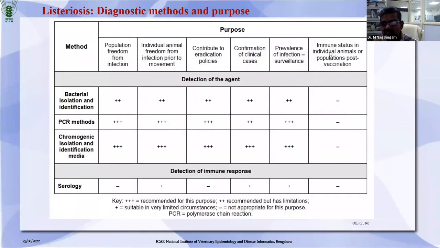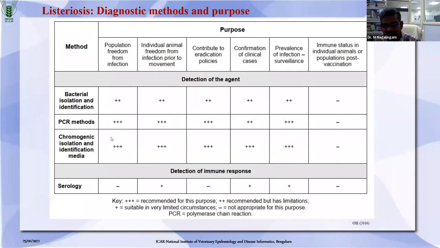This is the WOAH recommendation. When we do a test, there should be a purpose for the test. If we use PCR methods when we declare a population free from infection, that the herd is free from infection, then the PCR method can be a good technique. Chromogenic isolation, as I have already shown you, is also a good technique.